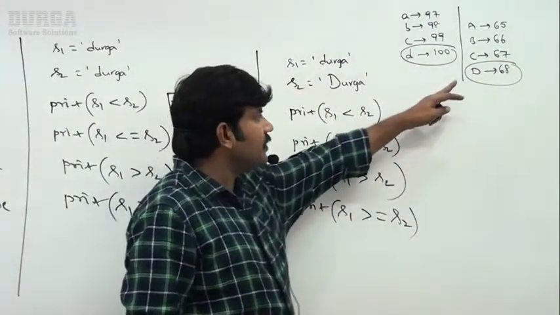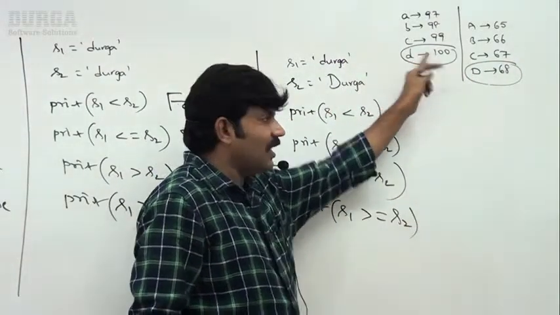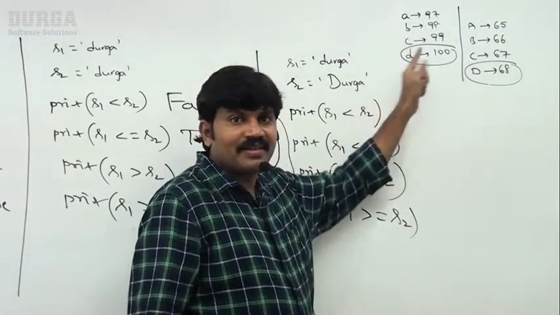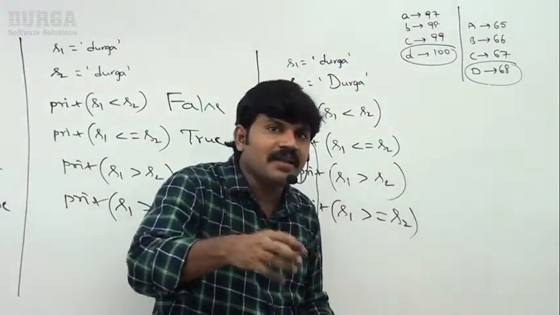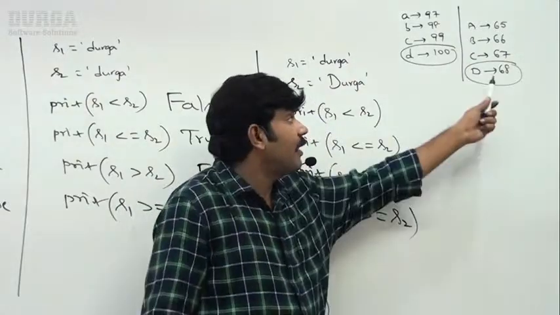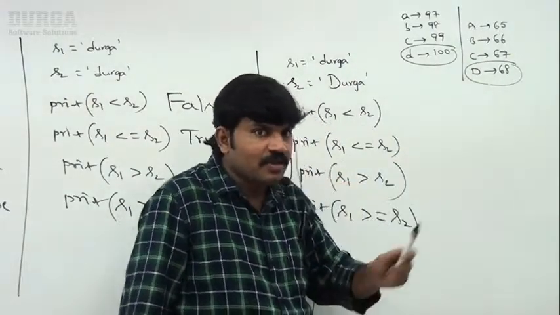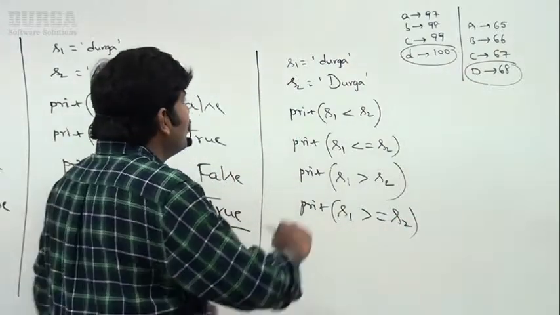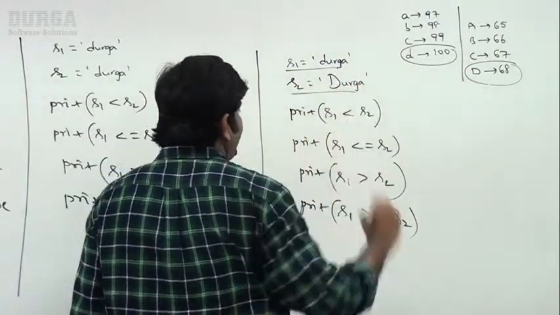So capital D is 68, small d is 100. Which number is bigger? Small d is bigger. That's why small d is greater than capital D in the comparison. Remember that. So S1 is greater than S2.